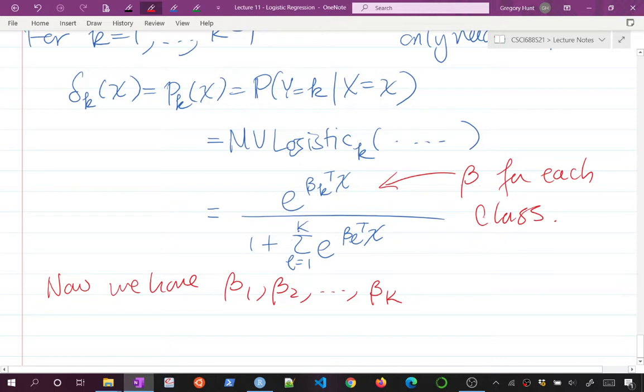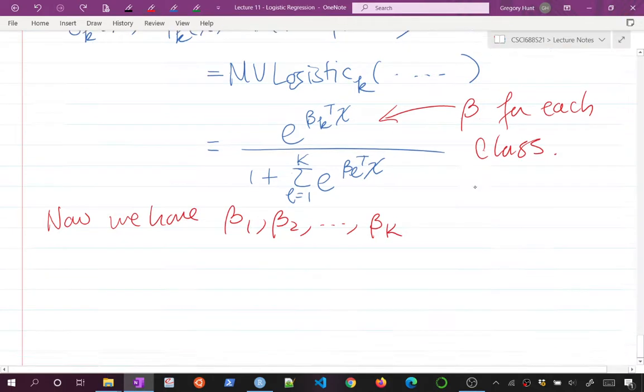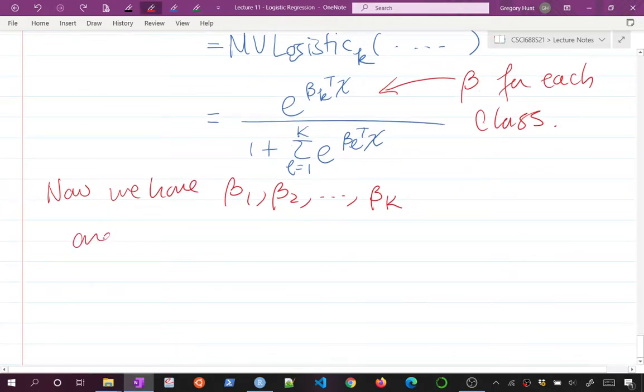That's why our sum in the denominator is also over all k. That's not a mistake. There is a coefficient beta associated with each of them. And we estimate these as MLEs.